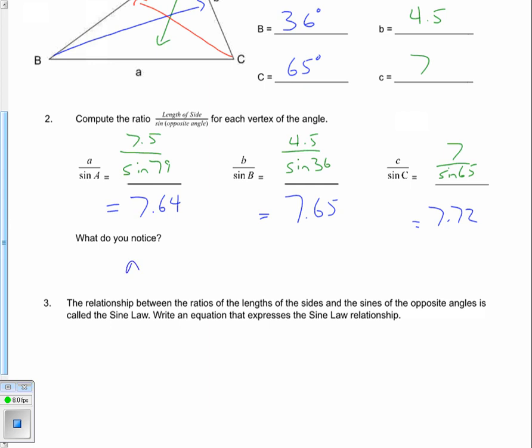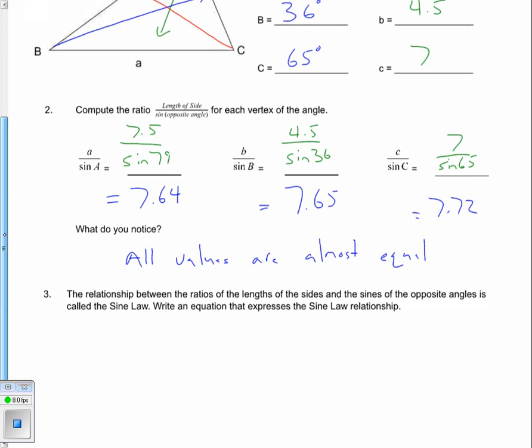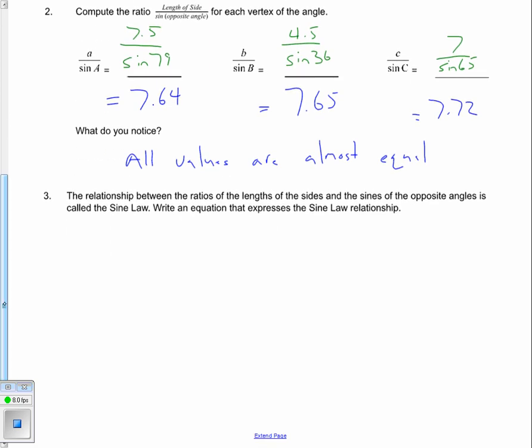So all the values are almost equal to each other, and because they're almost equal, there is actually a connection. You have to bear in mind that there is some error in our exact measurements and so forth. But because they're almost equal, in a perfect world they actually are 100% equal.